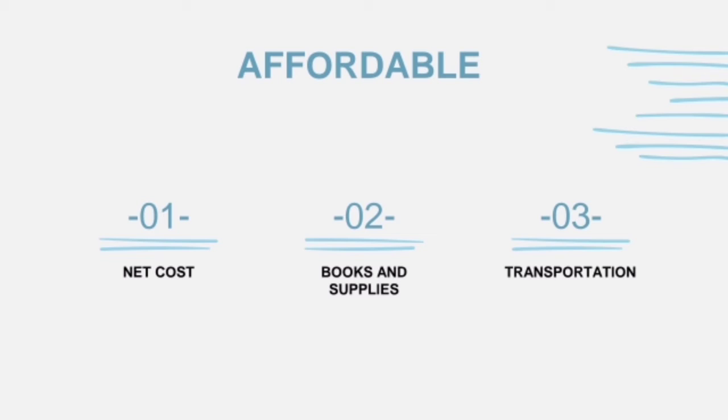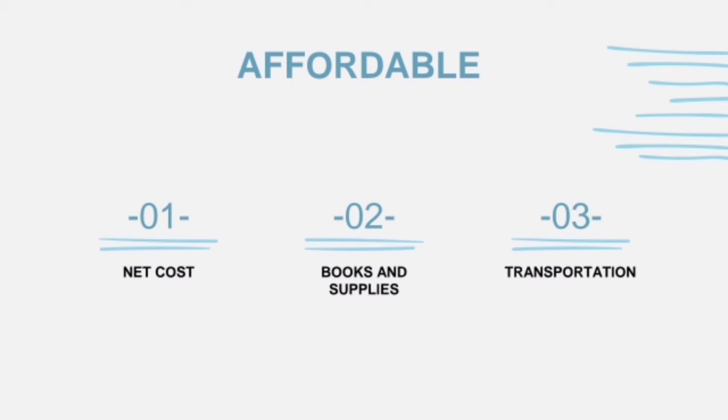First is net cost. The net cost of online learning generally refers to the total amount you pay in tuition. When you pay the tuition, you don't have to pay for the building and the facilities because you don't use them, so it costs less than other learning models.